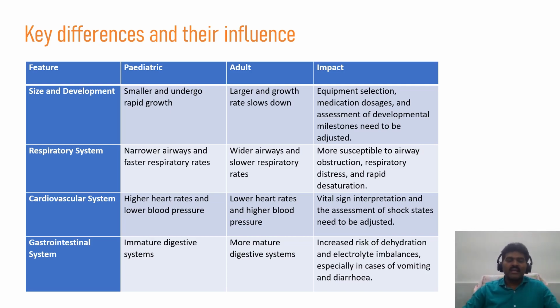Physiological variations need to be adjusted for. In the respiratory system, the airways are narrower, so there are faster respiratory rates to compensate for the minute volumes they need. Adults have wider airways and the respiratory rate slows down. Hence, pediatric patients are more susceptible to airway obstruction because of narrower airways, and easily go into respiratory distress because they already have faster rates.